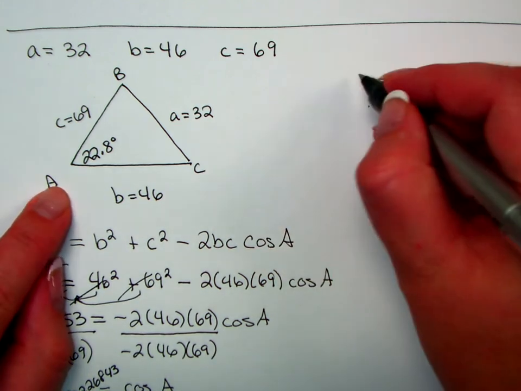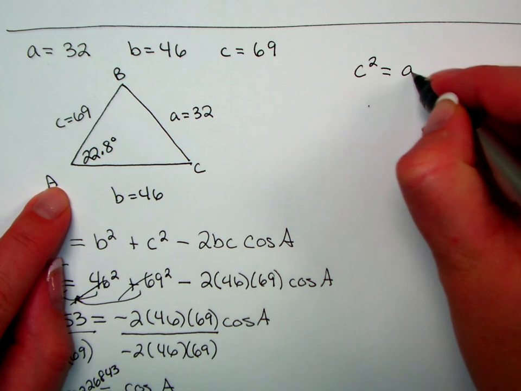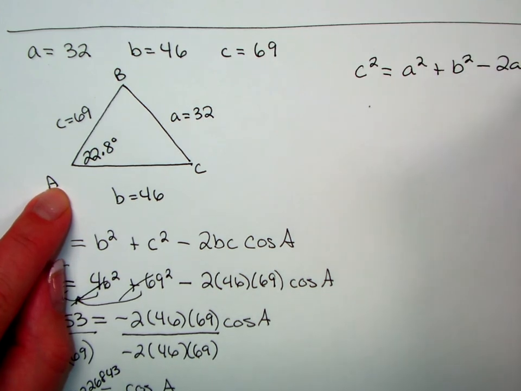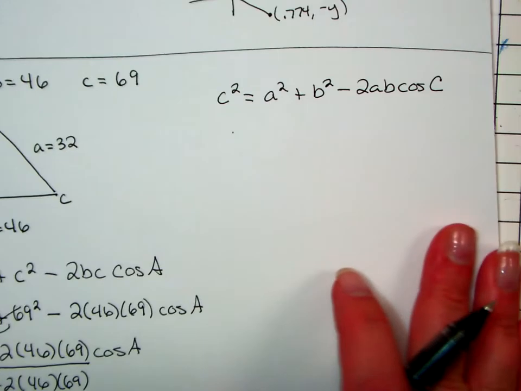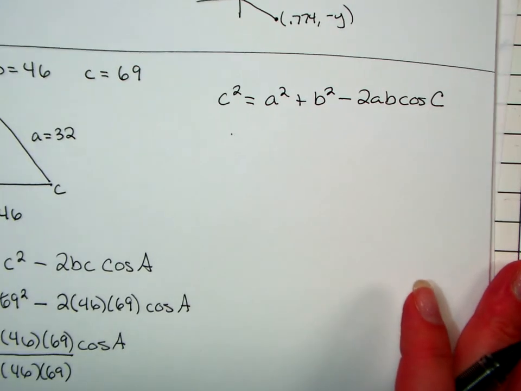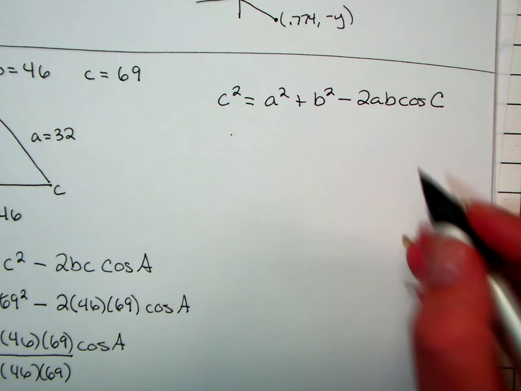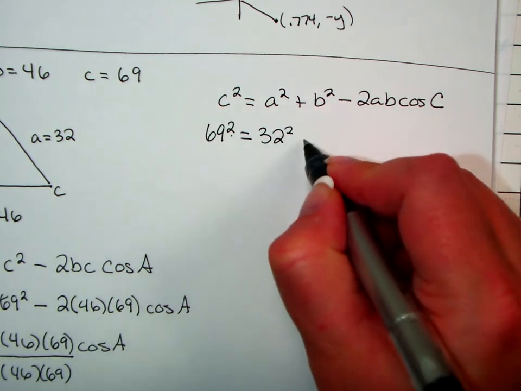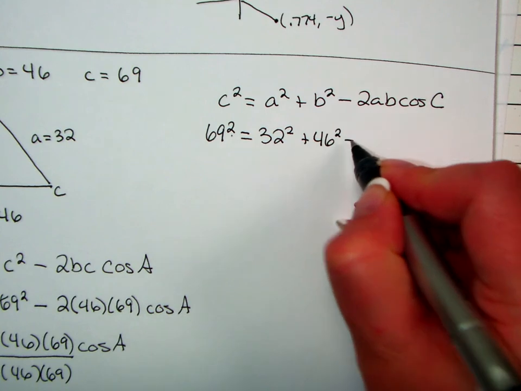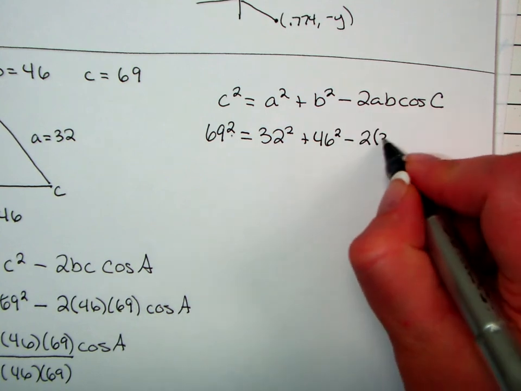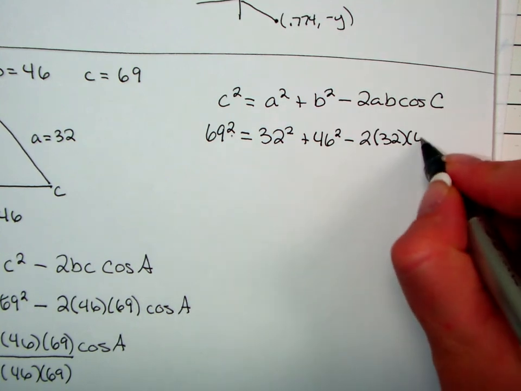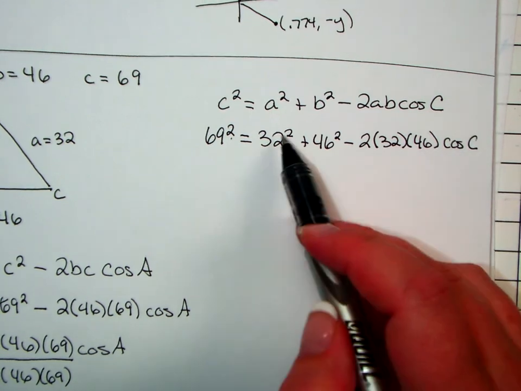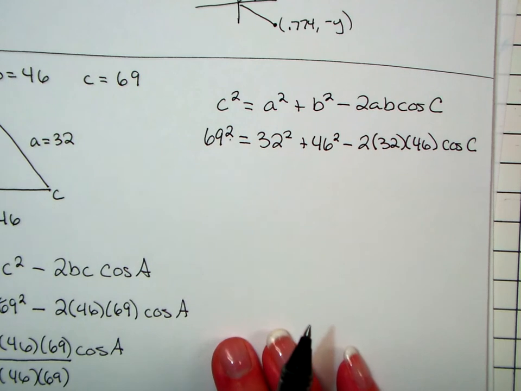So I'm going to use C squared equals A squared plus B squared minus 2AB cos C, right, to get that bigger angle. So let's plug our numbers in. Right, I'm going to move 32 squared and 46 squared over.